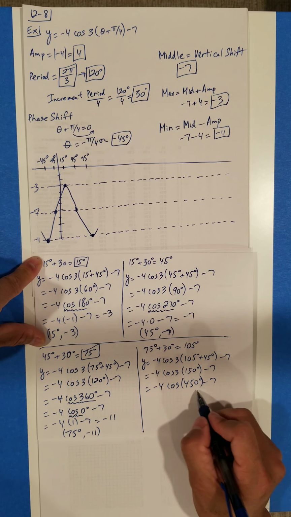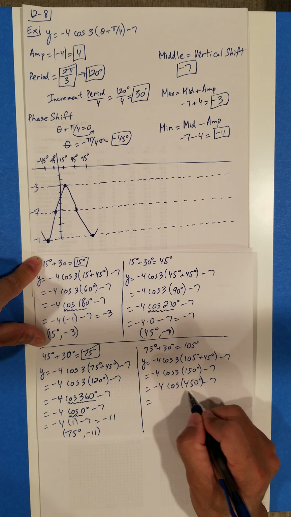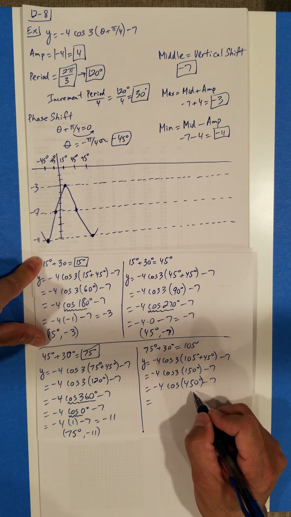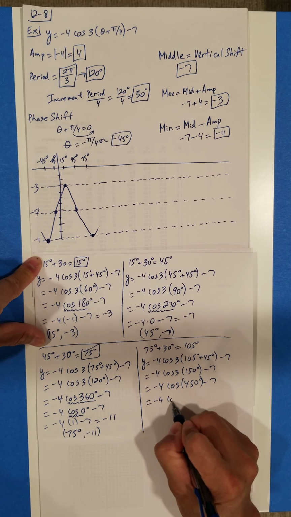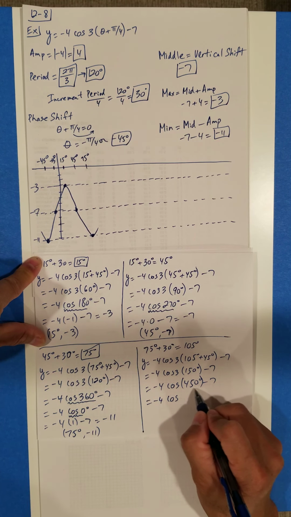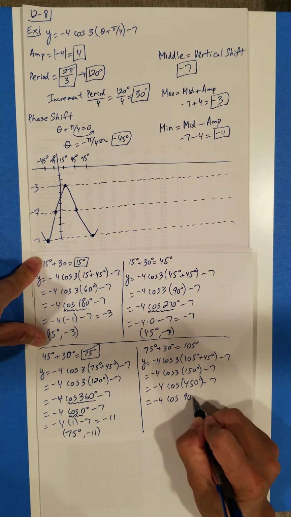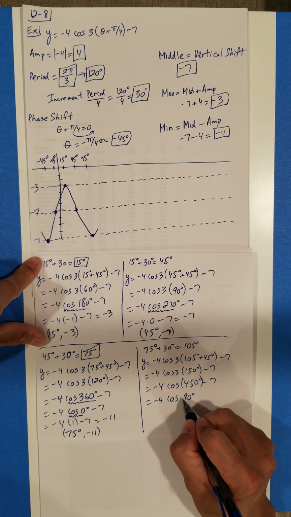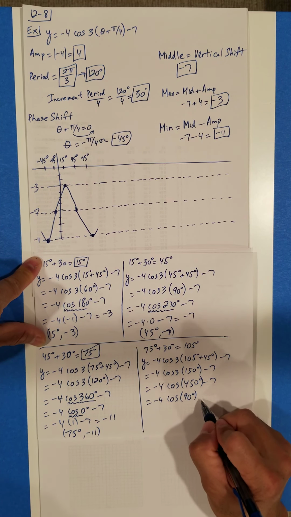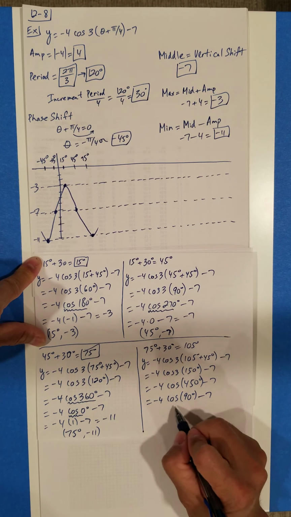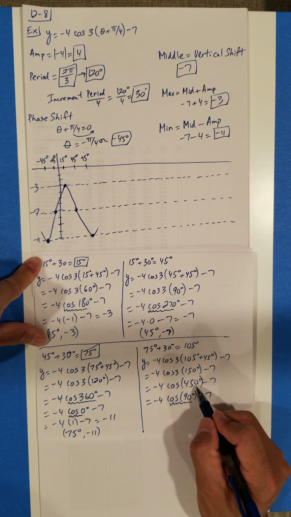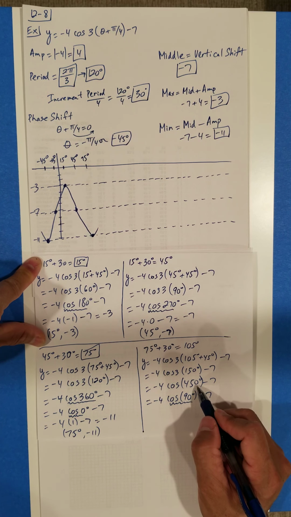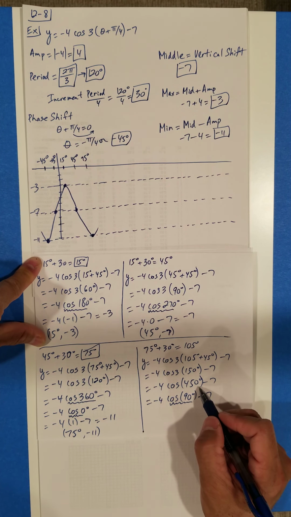Now 450 is kind of a big angle, so what you want to do is make sure you reduce that, okay? 450 is too big of an angle, so we can reduce it. Cosine of 450 is the same thing as cosine 90. They're both the same value, but we want under 360, okay? So anytime your angle is above 360, just subtract. Take this, minus 360, you get 90.